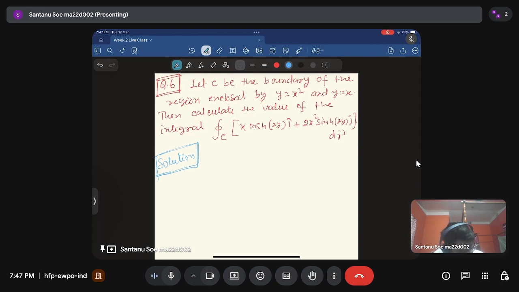So first we're going to draw the region in which we're going to perform the double integration. So try to see that. This region is bounded by y equals x square and y equals x.